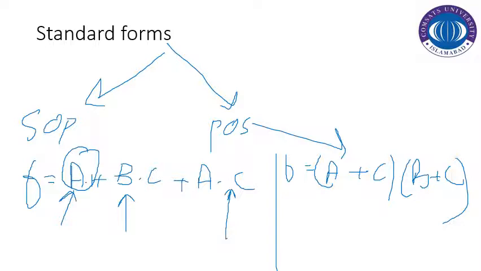So be very careful, because the b literal is not available here and the a literal is not available here. For min terms and max terms, all the literals should be available in each product term or sum term. So basically we are generating the product between two sum terms, and both representations are similar to each other. The standard forms are basically the simplified forms as compared to the previous ones, because they have a lesser number of literals.